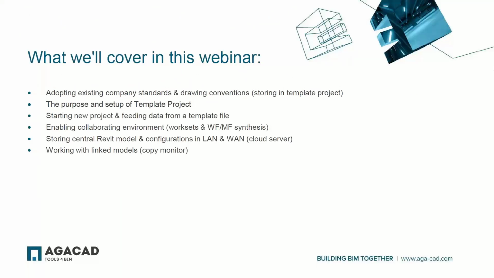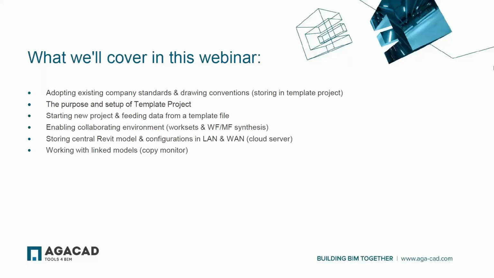A couple of things that we're going to look at in today's webinar. We will look at adopting existing company standards and drawing conventions, and how we can store this in a template project. What is the purpose of a template project, how one would set up a template project, and how you would start a new project and feed the data from a template file.